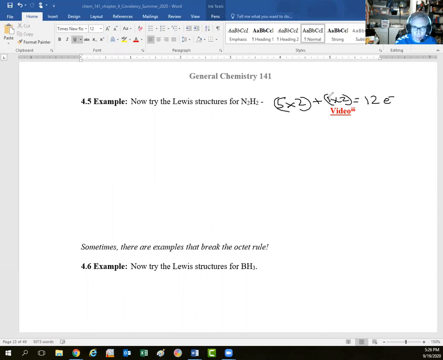Hydrogen only needs 1 more to make 2, like helium. So the nitrogens go to the center, and just as we did with the peroxide, we put the nitrogens at the center, connected by a bond. Everybody's got to be connected by a bond. And then we add on the hydrogens, 1 apiece, as we did before with the peroxide.